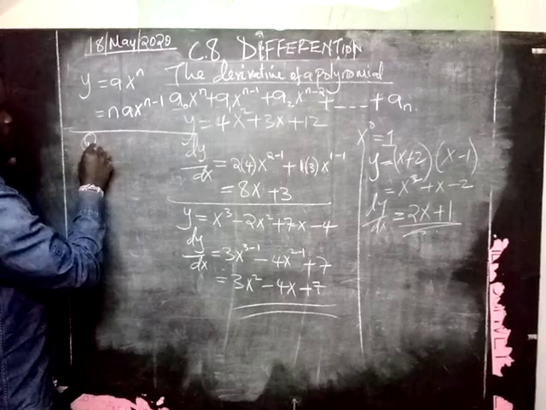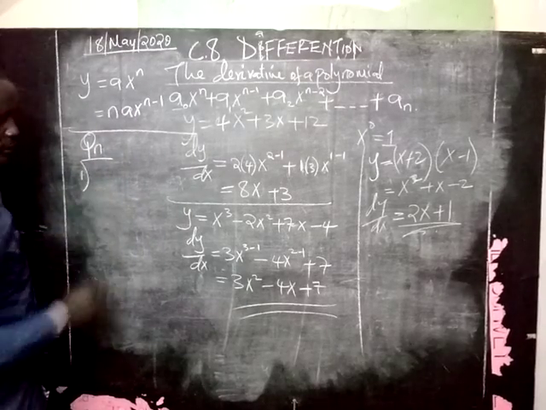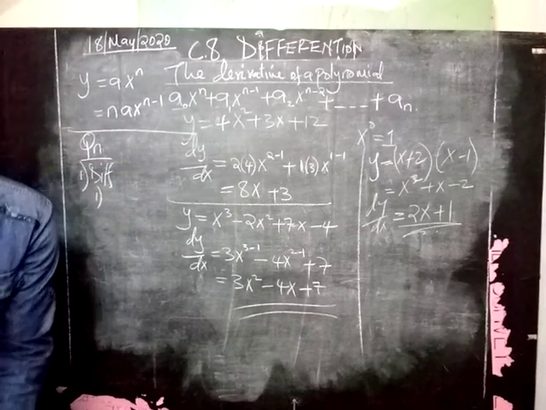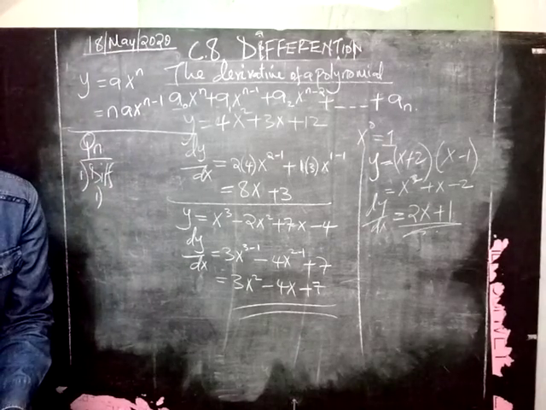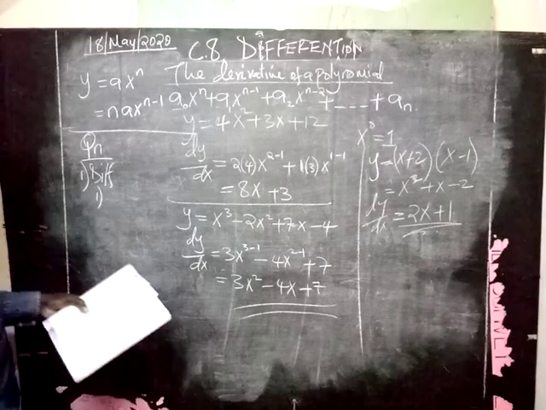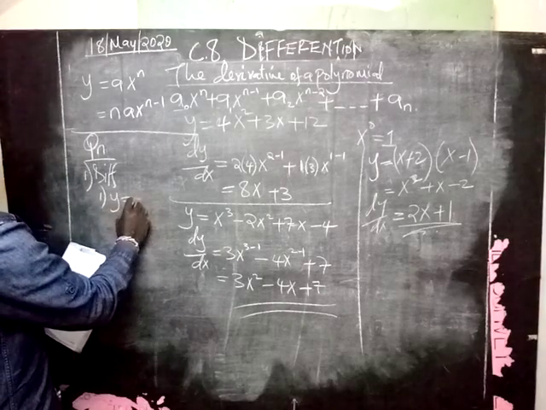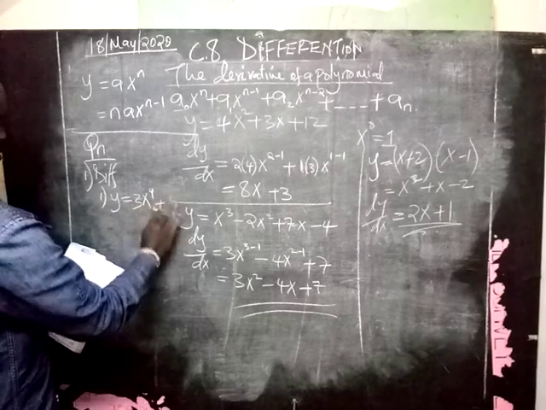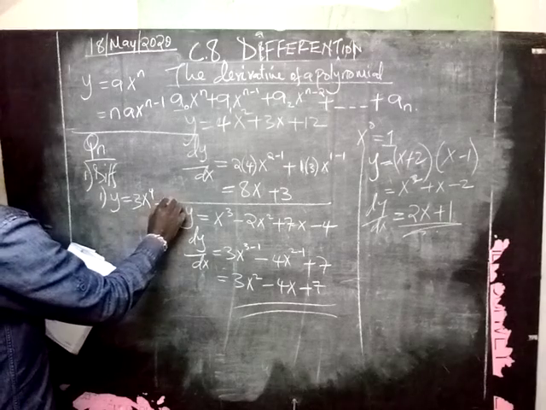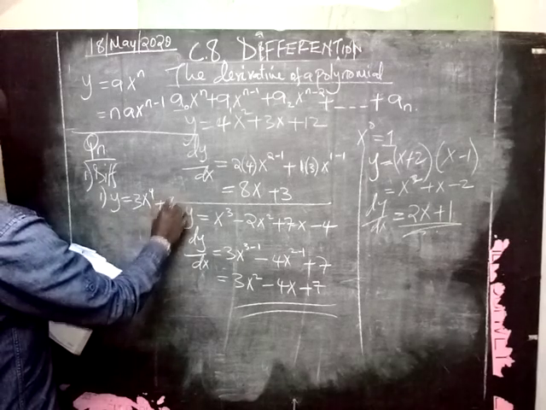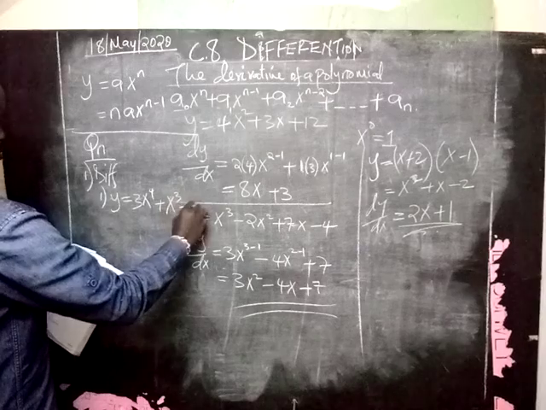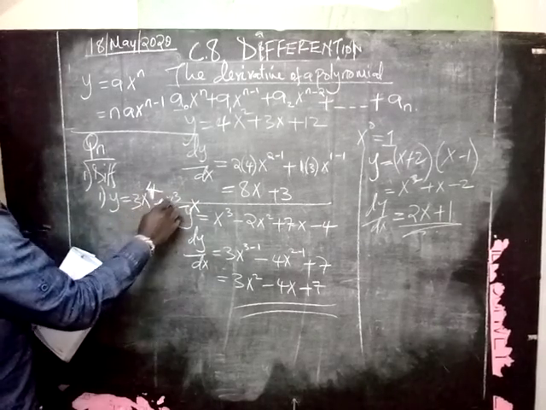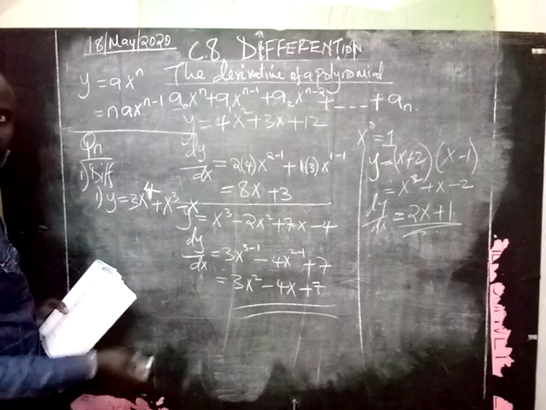Another question is to differentiate. The first one is y equals 3x raised to 4 plus x raised to 3 minus x.